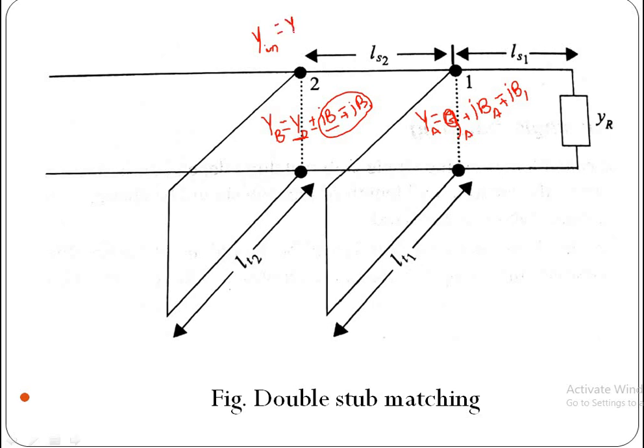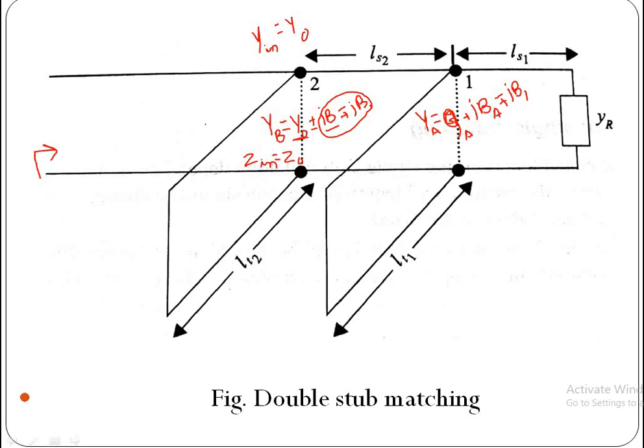If we take the reciprocal, then Zn is equal to Z0. Hence at point 2 the line is terminated with Z0. Hence when you are looking from this side, the line is said to be matched.